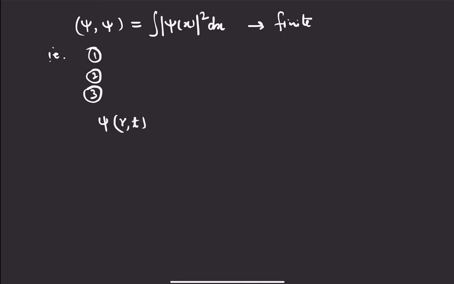We know that according to Born's probabilistic interpretation of psi, the quantity |psi(r, t)|^2 d^3r represents the probability of finding the particle in a volume d^3r at any time t centered around the point r.